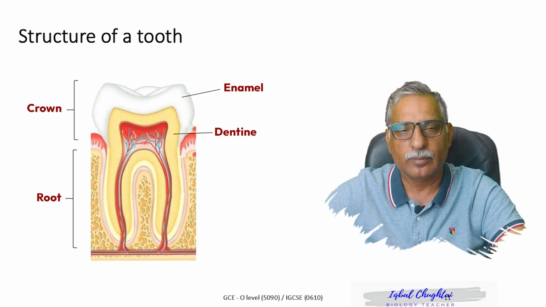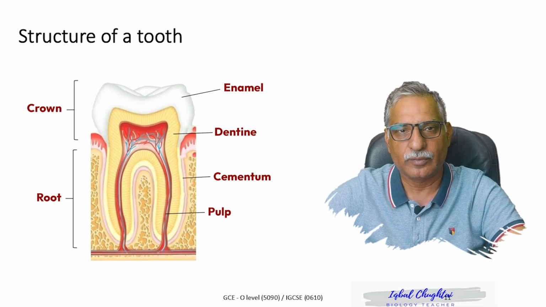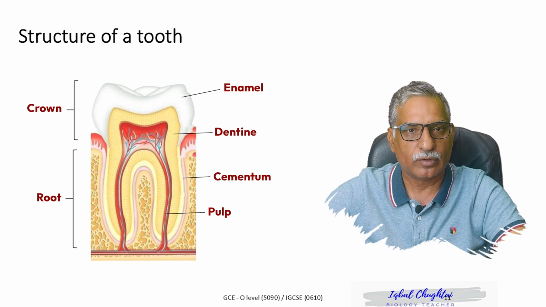The inner part is known as pulp, the fleshy part that contains the nerve endings and certain sensitive receptors. When the pulp is exposed to the different chemicals in the food, that imparts sensitivity. These nerves enter the tooth through the roots and become part of the nervous system. So this is the general structure of a tooth.